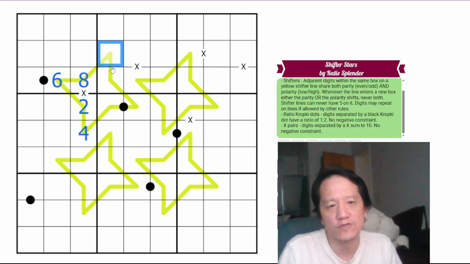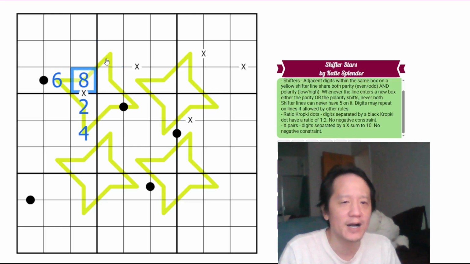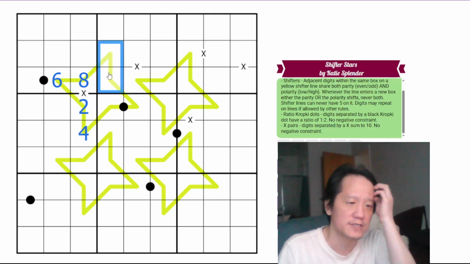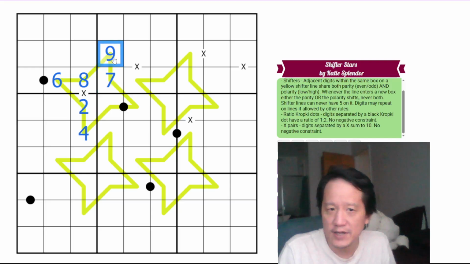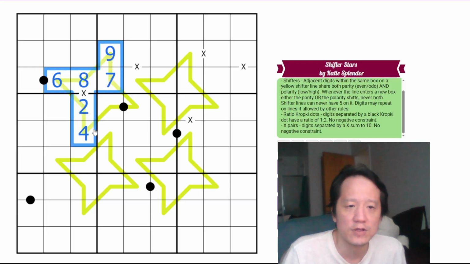So it could be 2 and 4 in this way, or something along those lines. Or another thing it could do is shift parity. So it would still be high polarity, which means it's 6 through 9, but if it shifts parity, it's odd then. So it would have to be 9 and 7. And that's an example of how shifter lines work.